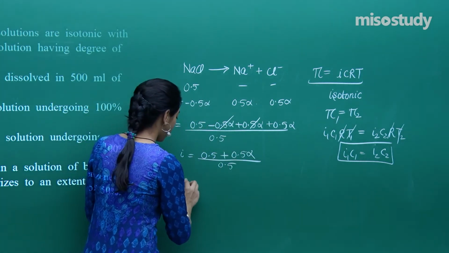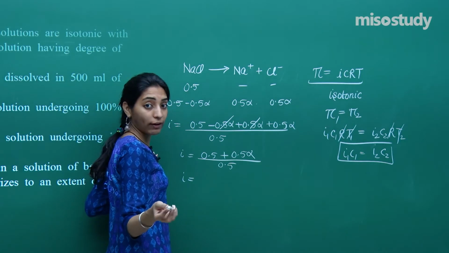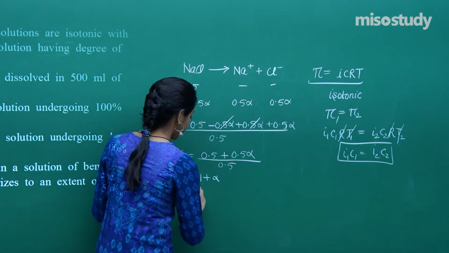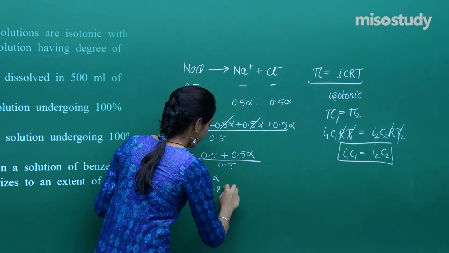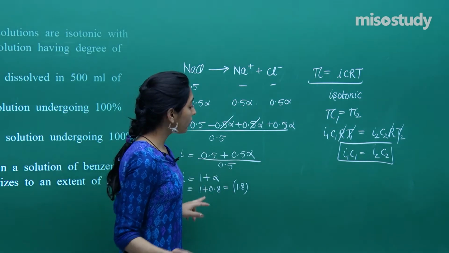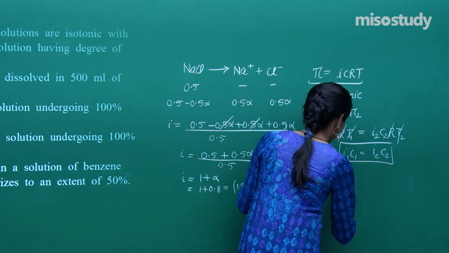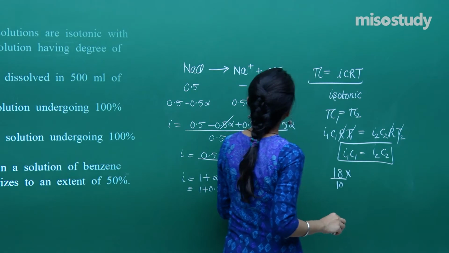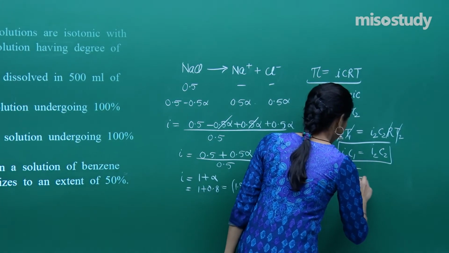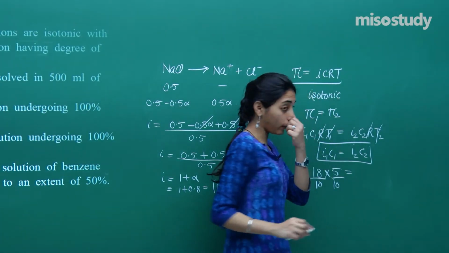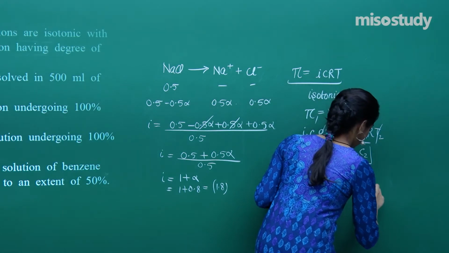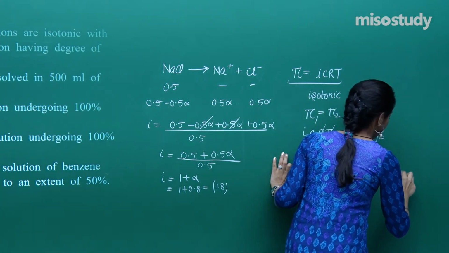So the i value will be 0.5 plus 0.5 alpha divided by 0.5, and this is quite simple. 0.5 will be common, so 1 plus alpha. Alpha is 0.8, so this is 1 plus 0.8, that means 1.8. So i will be 1.8, multiplied by the concentration 0.5 molar, so 18 by 10 times 5 by 10, which is 90 by 100, giving me a value 0.9.